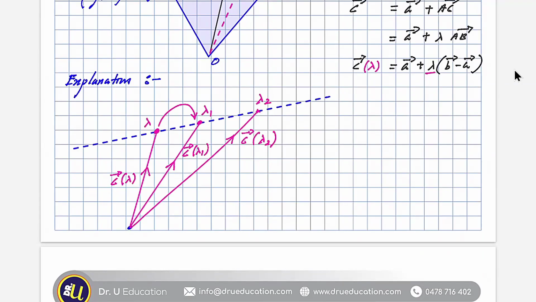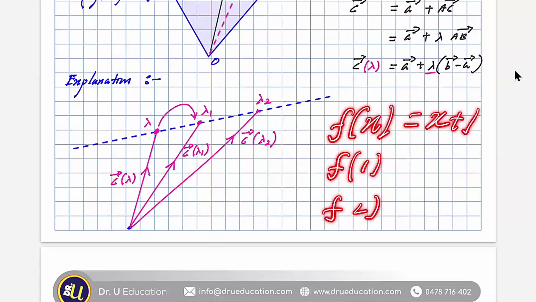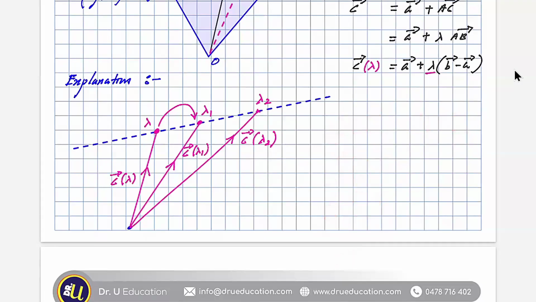You feel that? So we are using the same vector notation, but when you change the inside, the values change. Example, you know f of x is equal to x plus 1, right? So you understand f of 1 is different to f of 2 is different to f of 3. You know that.